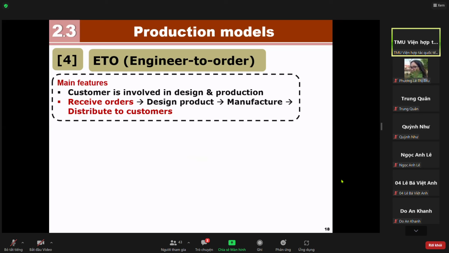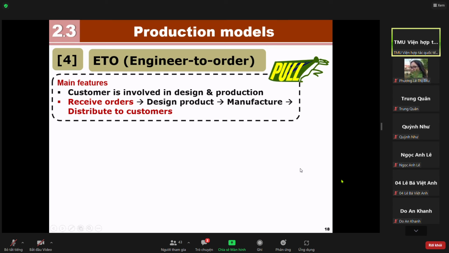Then they manufacture the products according to the design that they create and the customer agrees with. After manufacturing, after having the finished product, they start distributing the product. It means they deliver, sending the products to the customer.